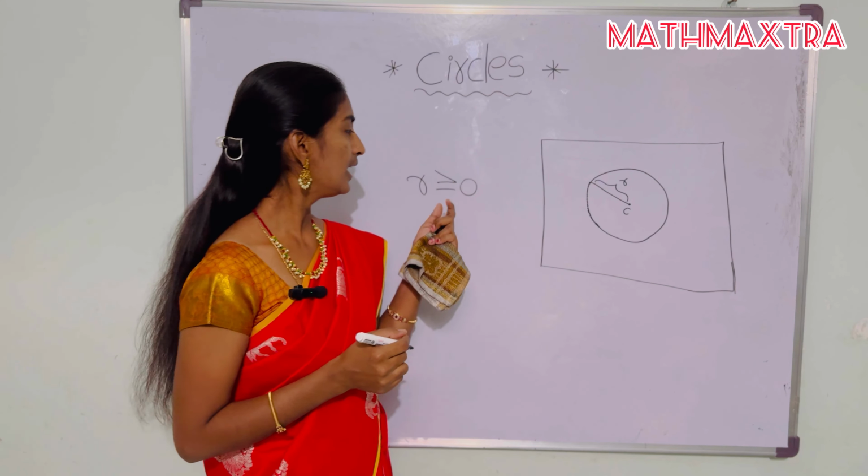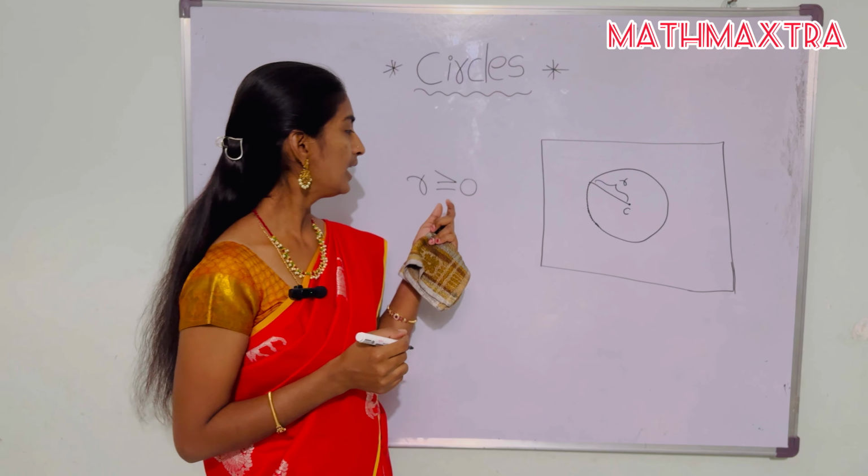So when it becomes 0, the point circle comes into the picture. What is a point circle? If the radius of the circle is equal to 0, then we call that circle a point circle. How does it look?